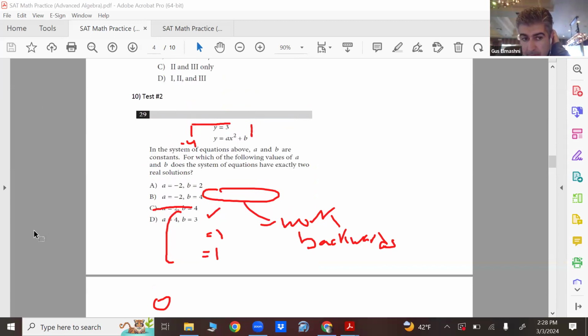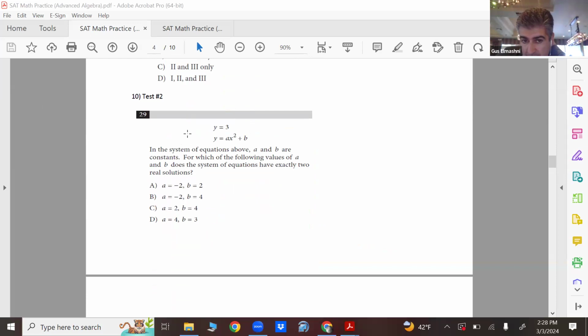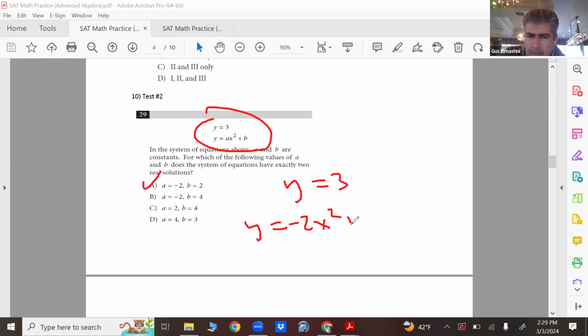Again, we see which of the following, but we're going to use Desmos to help us as well. This is a graphical type of situation. You have 2 equations here. Now, the first thing I would do is graph y equals 3. And then assume that A works. So you're going to plug a -2 for little a and 2 for little b. And then they want exactly 2 real solutions, but they want 2 points of intersection.